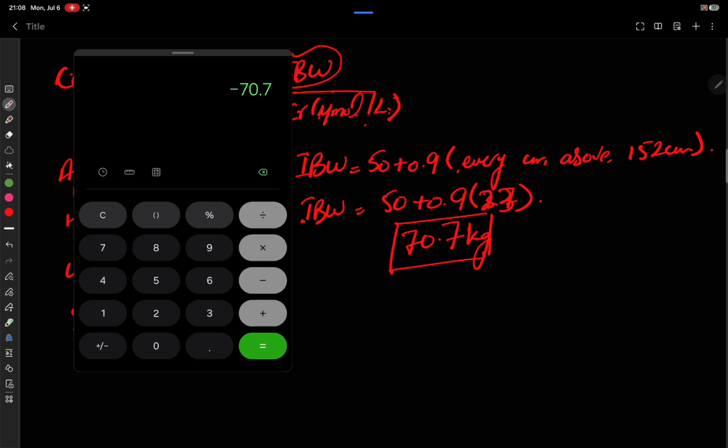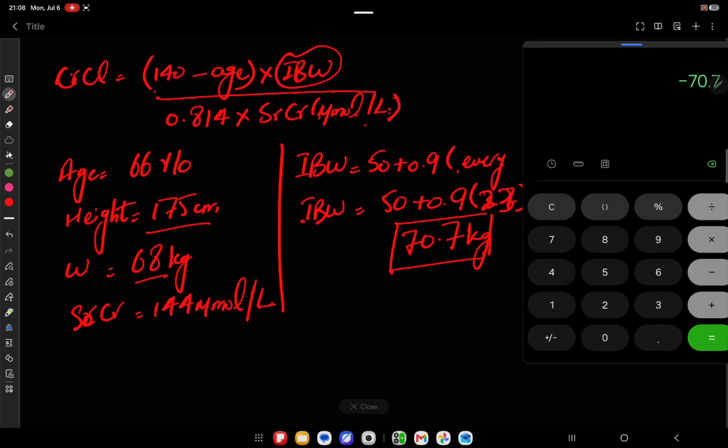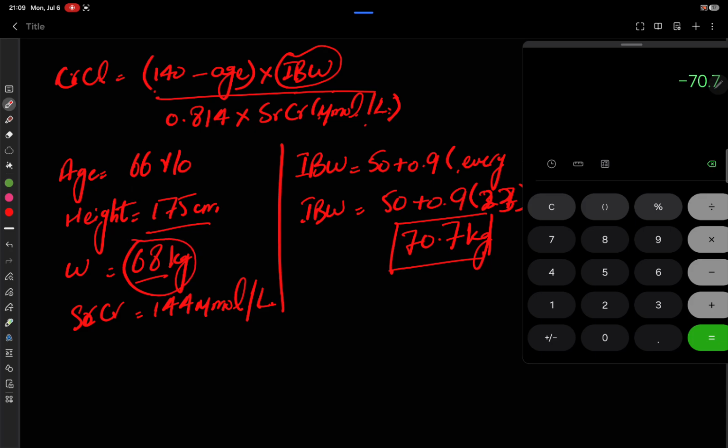70.7 kg, if you compare it with the actual weight, that is 68 kg, the ideal body weight is actually more than the actual weight, with just a difference of 2 kg.